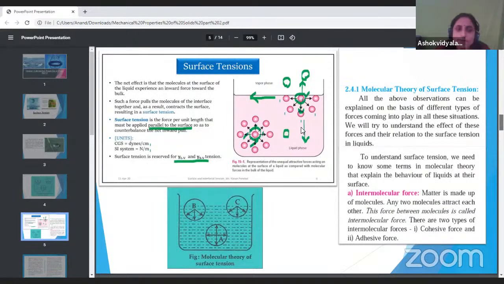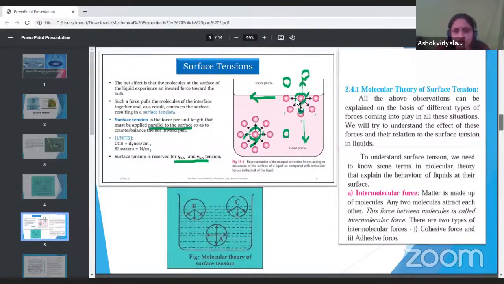Such a force pulls the molecules at the interface together, and as a result contracts the surface, resulting in what is called surface tension. Now, surface tension is nothing but force per unit length. That is, it must be applied parallel to the surface so as to counterbalance the net inward pull.